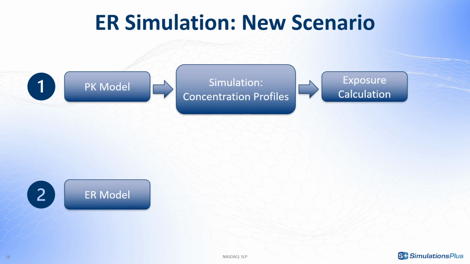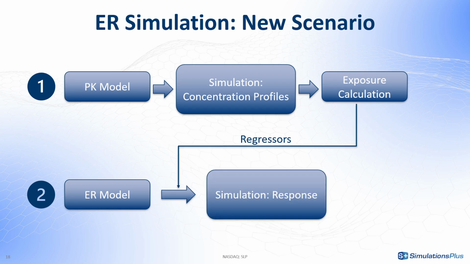Then I use the exposure response model in a second Simulx project. Here, exposures will be treated as regressors in a Simulx project and defined using external files generated during the first simulation. And then I can simulate a response based on the calculated exposures.